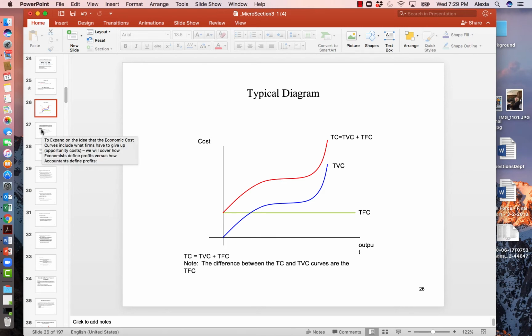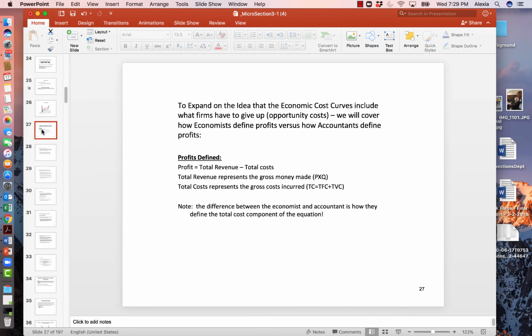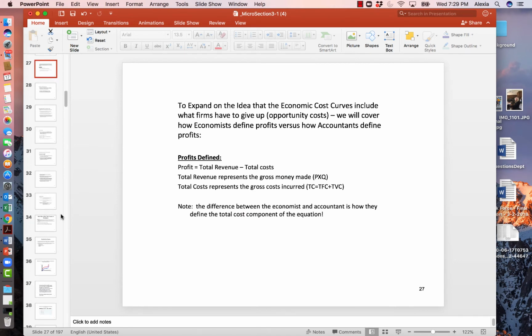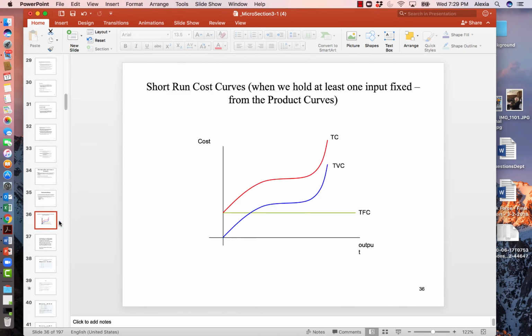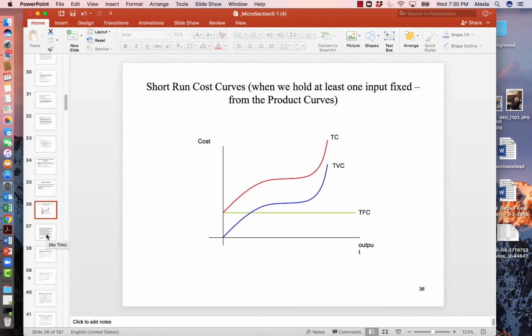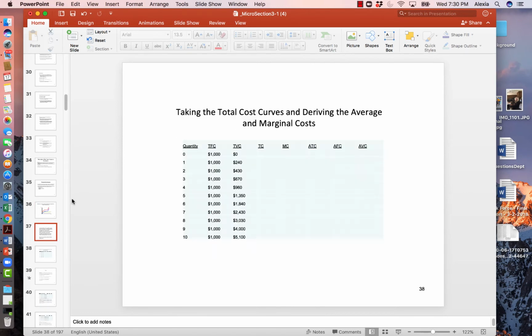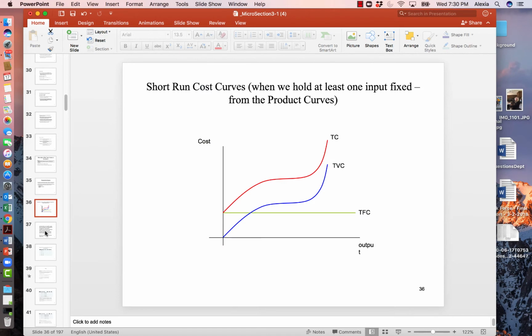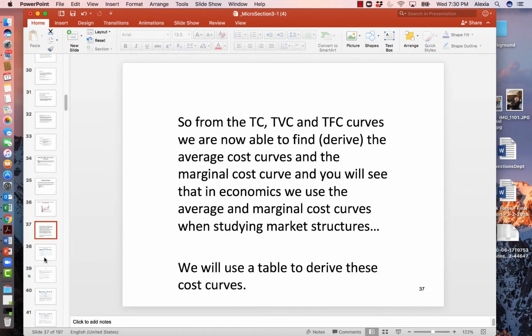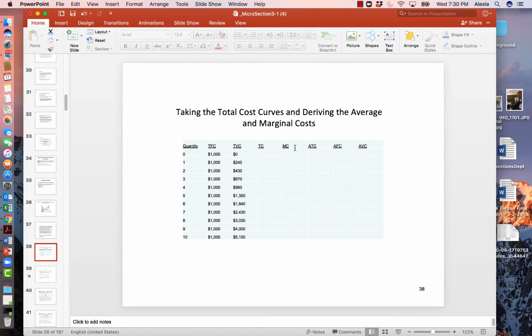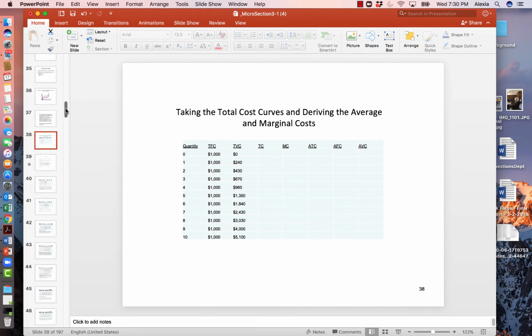And so I'm going to jump back to where we're going to take our cost curves, and we're now going to figure out all these other columns. It's these columns here, the marginal cost, the average total, average fixed, and average variable. Those are the cost curves that we use to study our market structures.